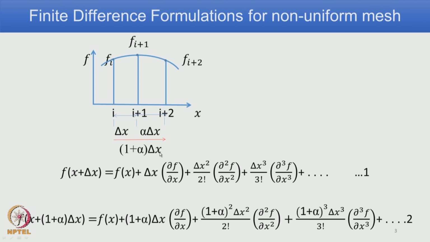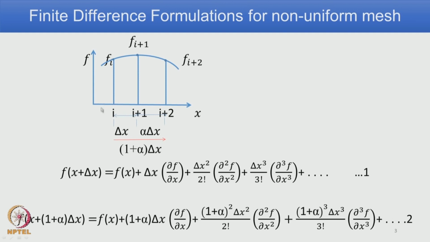So, we follow the same procedure, write down the Taylor series expansion formula, but now with alpha as a coefficient for delta x. That is also given here. This is already known, f of x plus delta x as f of x plus delta x and so on, equation 1. Now, the new difference here is for the second point, which is alpha delta x between I plus 1 and I plus 2, or with respect to I it is at a distance of 1 plus alpha delta x.